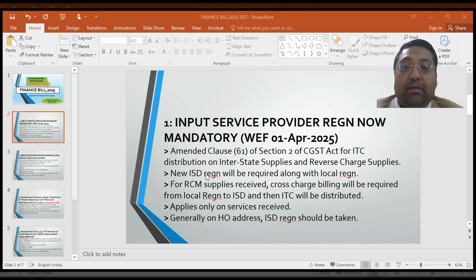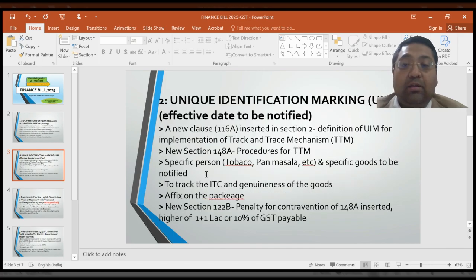The second amendment pertains to the UIM, Unique Identification Marking. The effective date is to be notified. This is applicable on specific goods and specific persons, which is yet to be notified. For example, specific products like tobacco and pan masala will be notified later on.